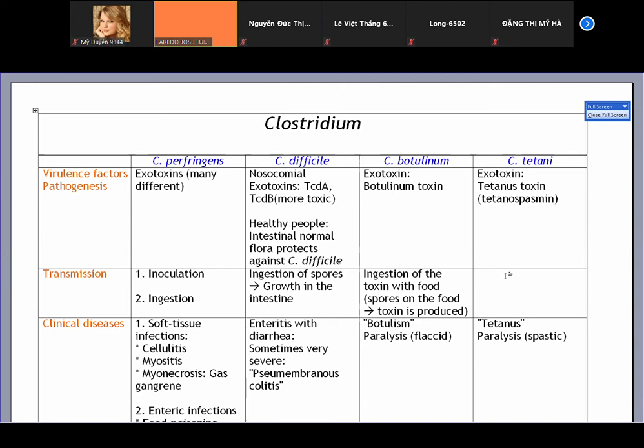However, for Clostridium tetani, the way of transmission is not ingestion, it's inoculation. Inoculation of spores into the skin or mucosas. So you have a wound, a dirty wound, and this dirty wound may be contaminated with spores.